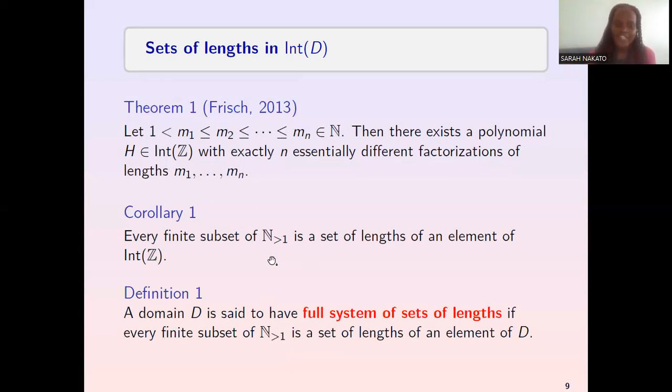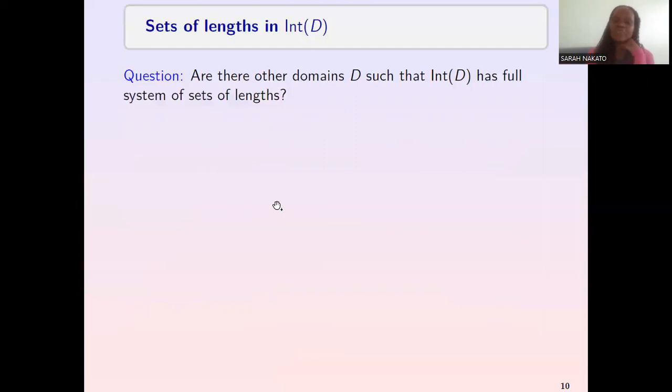So those are the domains with full system of sets of lengths. When Int(Z) joined this group of domains, it was expected that there are other domains D such that Int(D) also has a full system of sets of lengths. So the question was, are there other domains D such that Int(D) has a full system of sets of lengths?